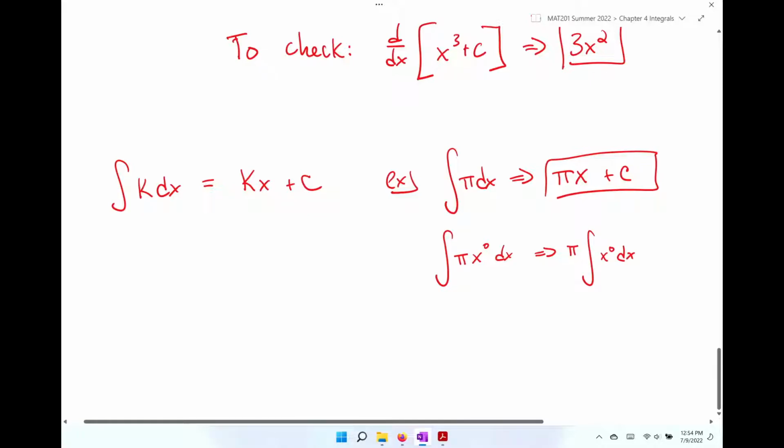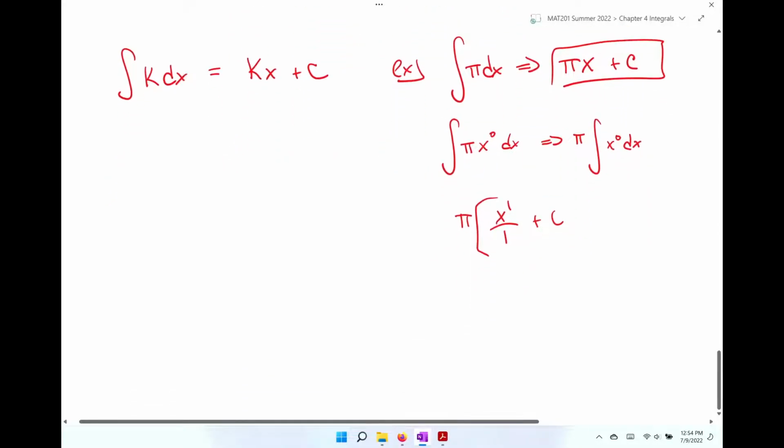And then according to our power rule, once again, we're going to add 1 to the exponent and divide by that. So it would be x to the first over 1 plus c, which gives me pi x plus a constant again. So that's really what's happening here.